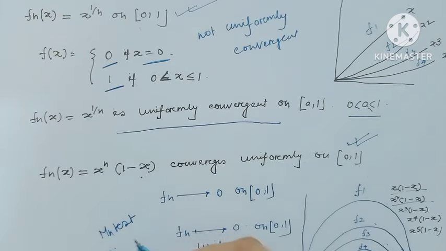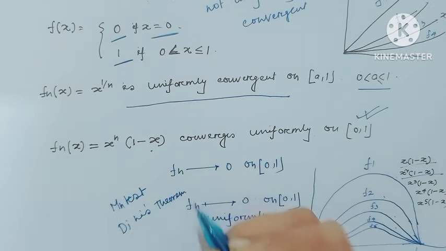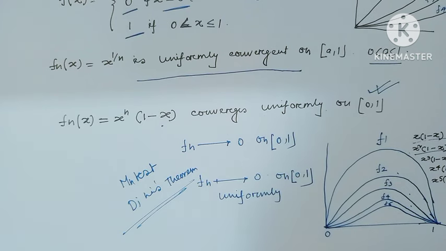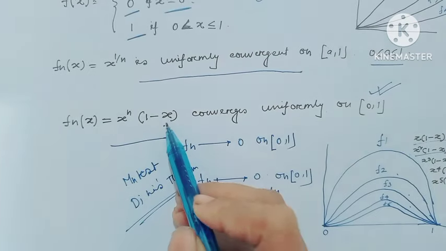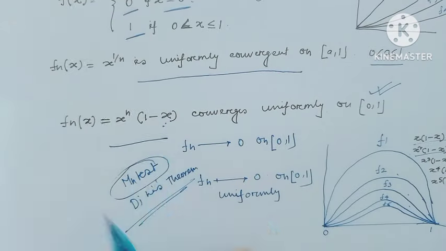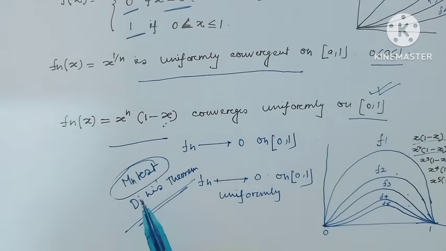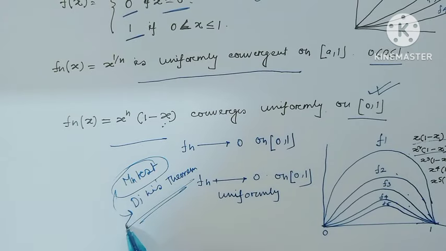If you know Dini's theorem, then you can very easily construct any sequence of functions and tell whether it is uniformly convergent or not. The same type of example we can evaluate by the Mn test, but Dini's theorem is the easier way.